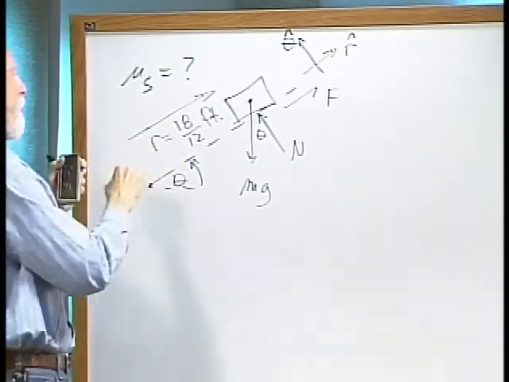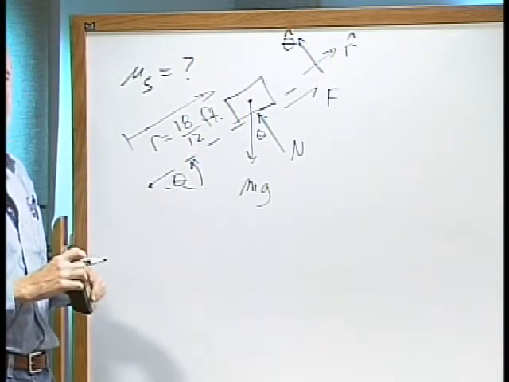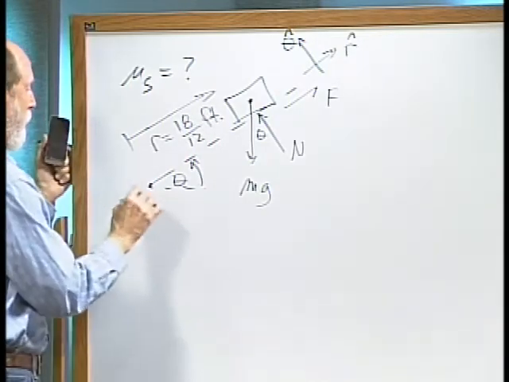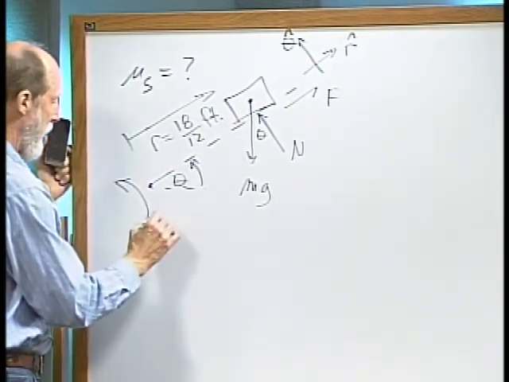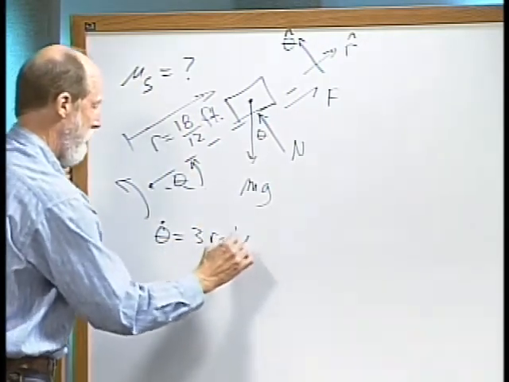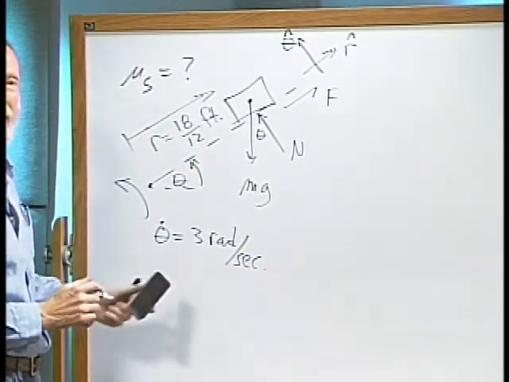There's your r distance. Also we know the rotation rate was given to us. This is going to be our theta dot as 3 radians per second, constant.